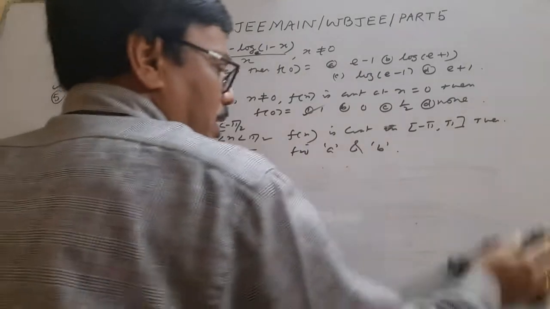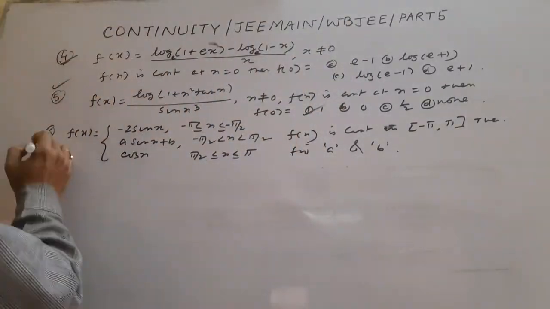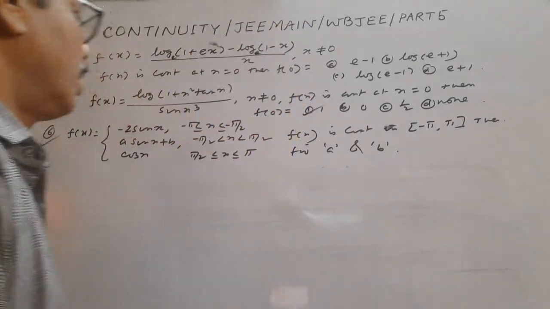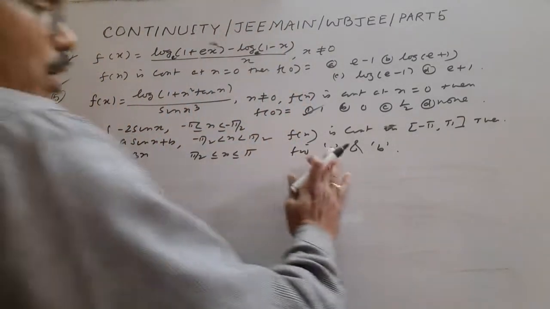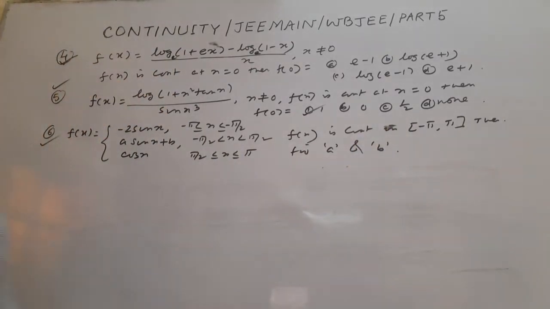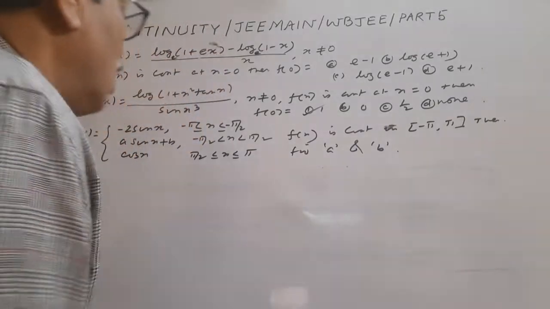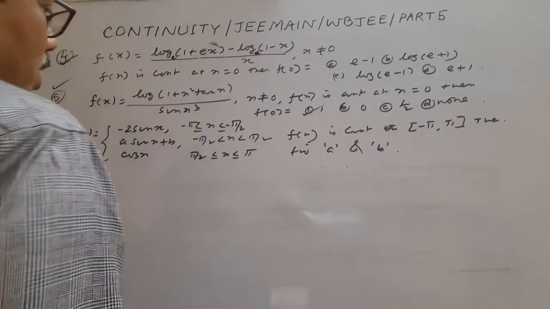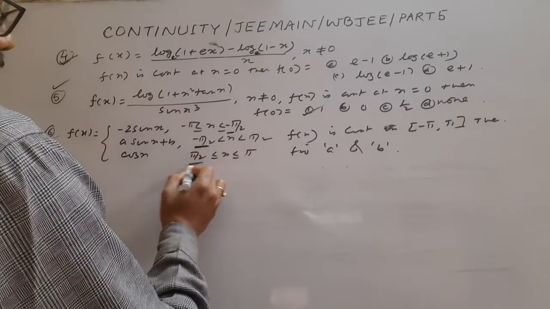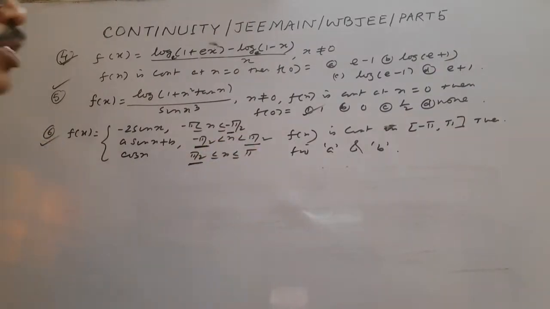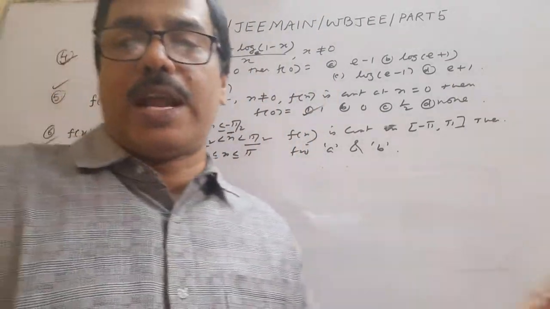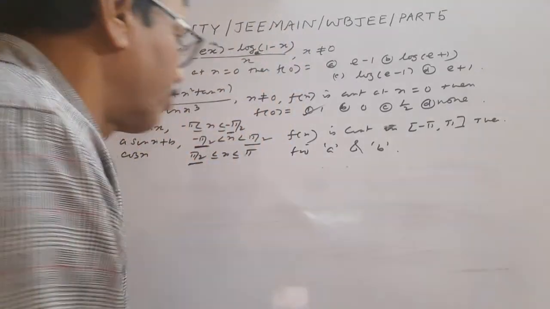Now problem number 6. It is continuity in an interval. It is continuous throughout the interval, find a and b. So two unknowns. Now the condition is imposed on x equals minus pi by 2 and x equals pi by 2. So we use the definition of continuity at x equals pi by 2 and minus pi by 2.